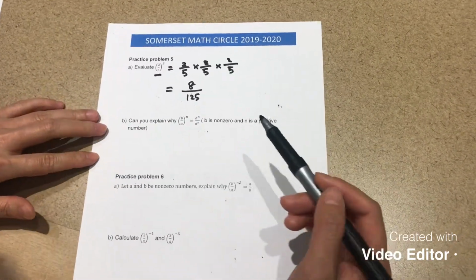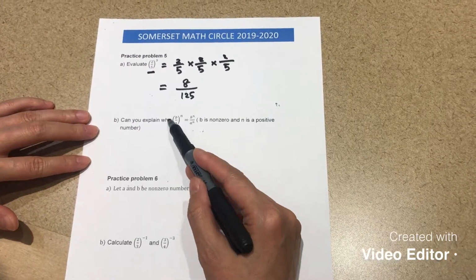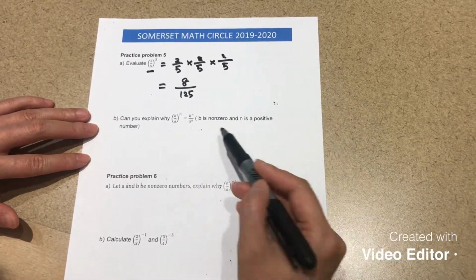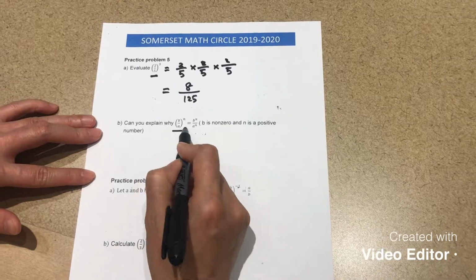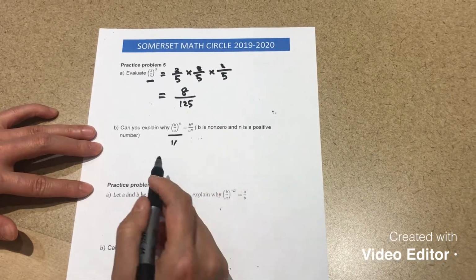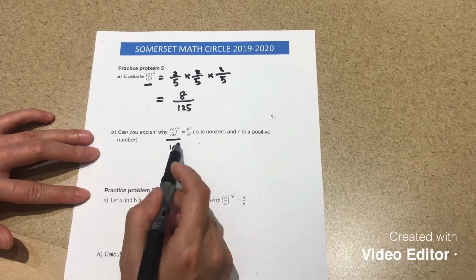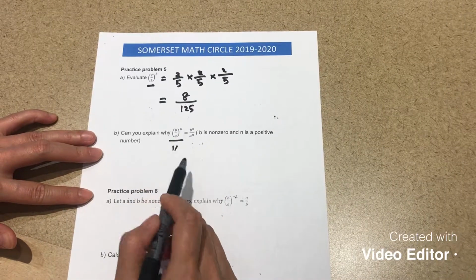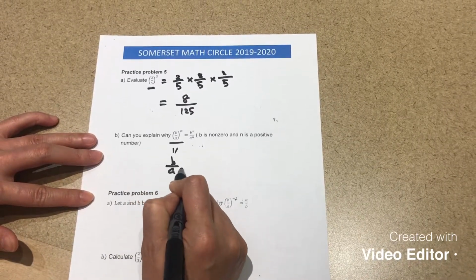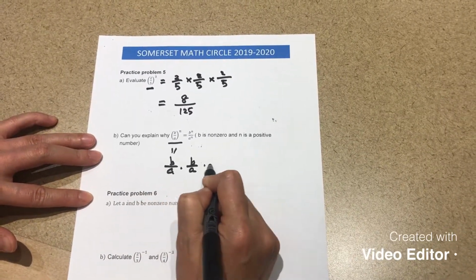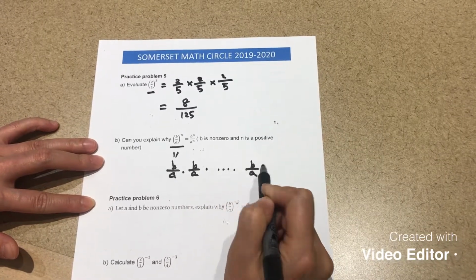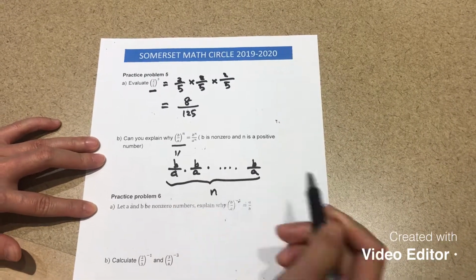B, can you explain why b over a to the power of n equals this? Okay, we just follow the definition of exponents. b over a to the nth power is b over a multiplied by b over a multiplied by b over a, for how many times? For n times.